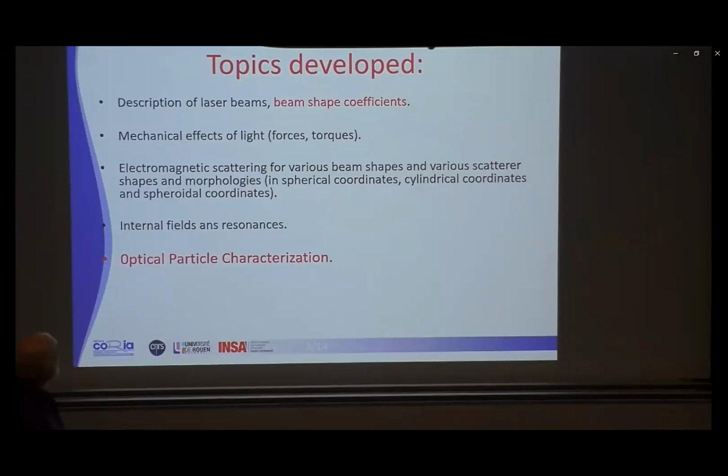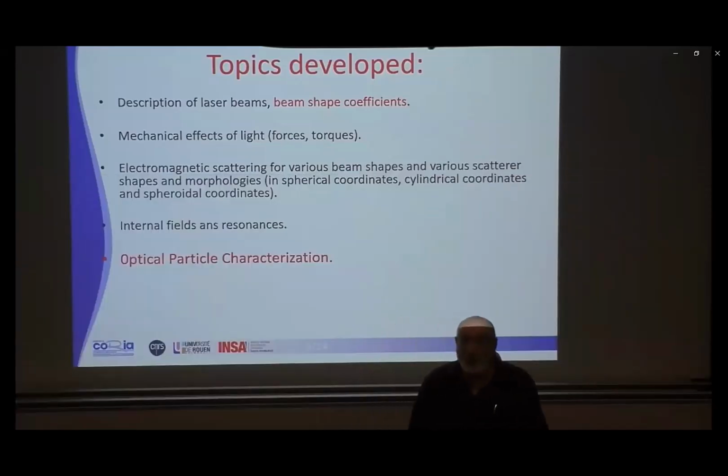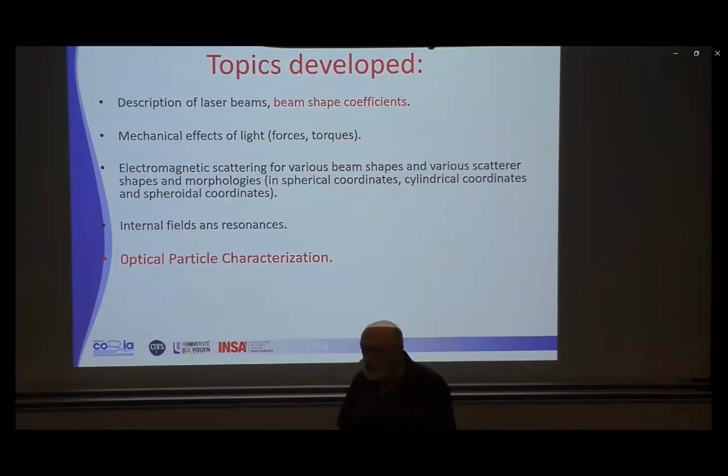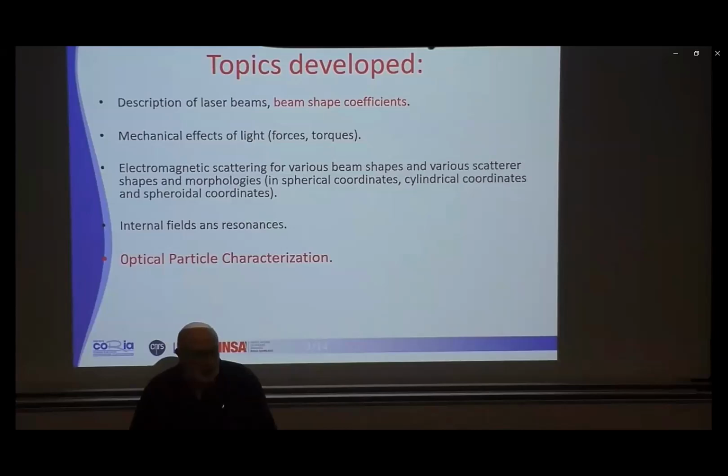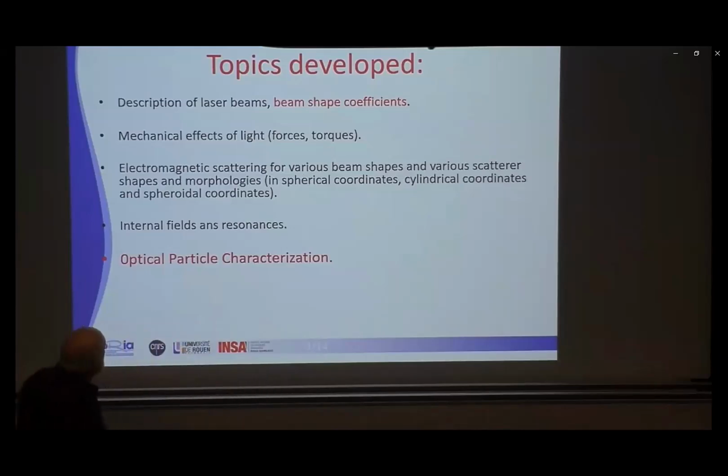Second problem which has been studied is the mechanical effect of light, forces and torques. You know, for instance, that in 2018, Ashkin got a Nobel Prize in physics for the optical tweezers, and the GLMT is able now to compute the force and torque exerted on particles with a lot of accuracy.